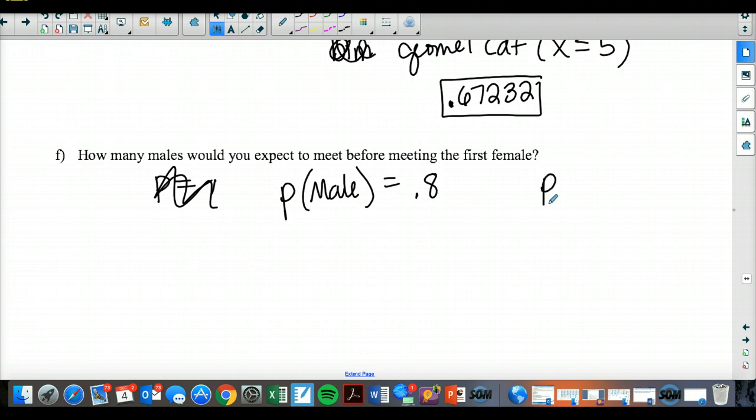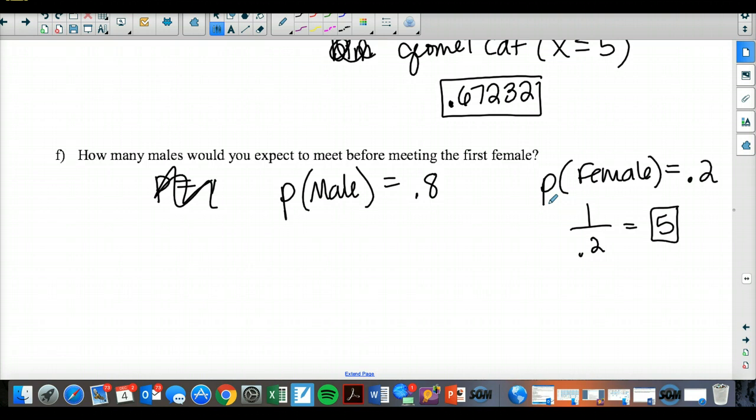And your probability of a female is 0.2. So if you do 1 divided by 0.2, you get 5. So it should take 5 people to get a female. That's the expected number of trials it's going to take to get a female.